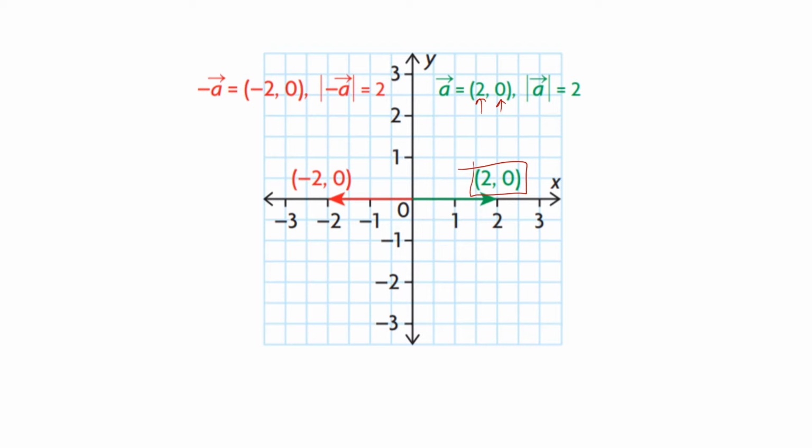So when I'm calculating the magnitude of this, all I need to do is put it into the absolute value, which would give me a magnitude of 2. Same thing over here. It doesn't matter if it's going in the negative direction, and I have the coordinates (-2, 0). Because the magnitude is the same, I don't care about the negative portion of it, because when you put it into the absolute value, you get the same magnitude.